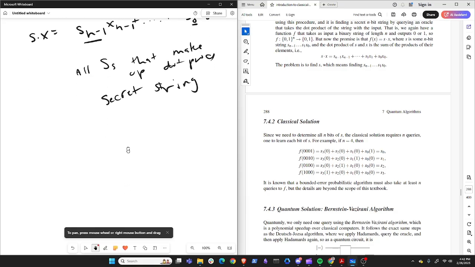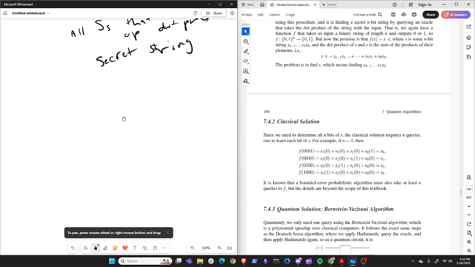So classically, if we wanted to do this, since we need to determine all n bits of s, we need n queries.